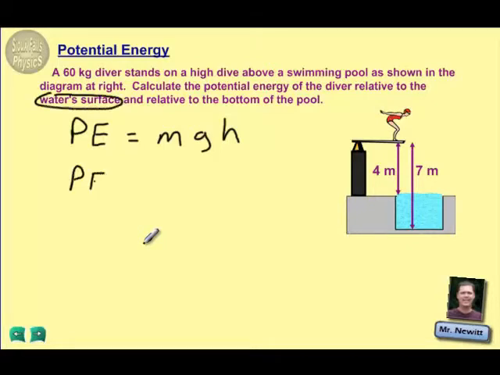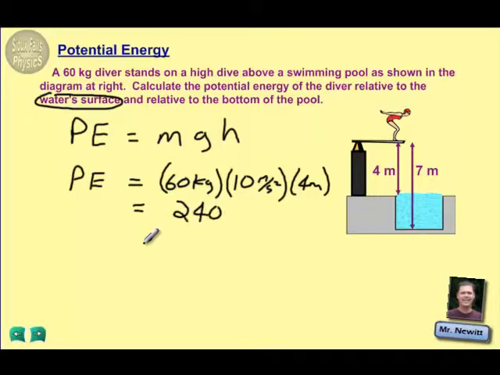So in this case, the potential energy would be the mass of the diver, the 60 kilograms. I'm just going to go ahead and estimate my g in this case as 10 meters per second squared and a height of 4 meters. So just a little simple multiplying all that together, you would get a potential energy of 2,400 joules.